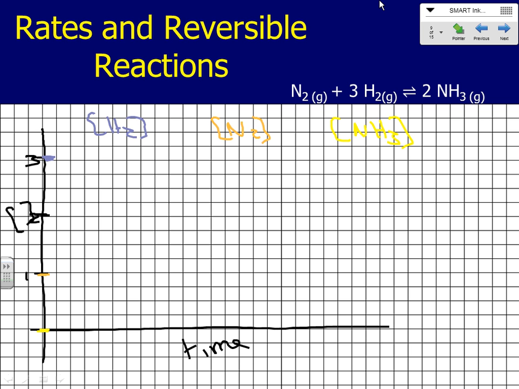Now, will it actually come up and then decrease a little bit? It's going to depend on the speeds. It's going to depend on the rates of the forward reaction compared to the rate of the reverse reaction. I don't believe this is giving any information away, but we know that the rate is dependent on the concentrations of the reactants.